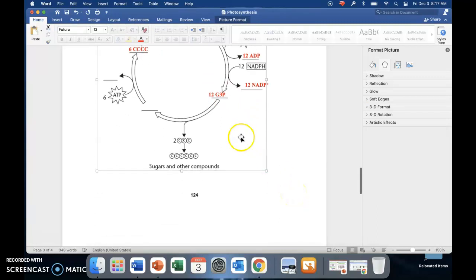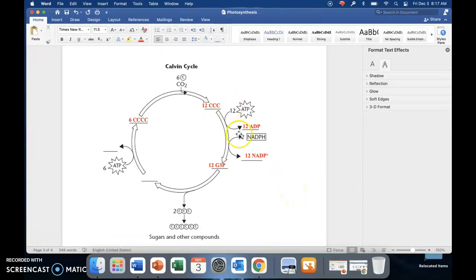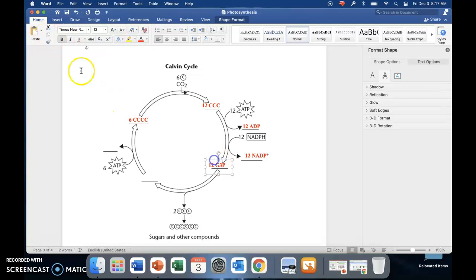Now, as this G3P continues, you can see there are 12 of them. Two of them actually are going to go here.